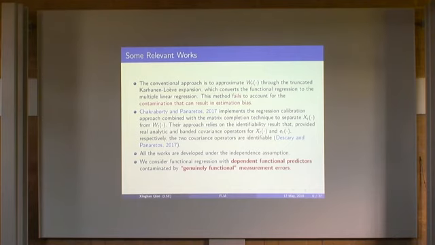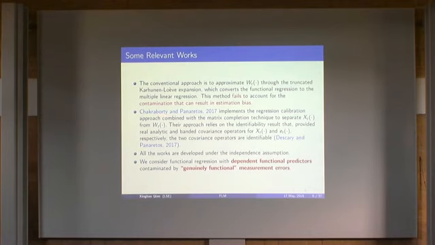The most naive approach, because W is infinite dimensional, is to do a Karhunen-Loève expansion on W based on the spectral decomposition of the covariance operator of W. Then, by some finite truncation, we can transfer the functional regression problem into a multivariate regression problem. However, this approach fails to account for the contamination, which results in substantial estimation error because the covariance of the error term will not be 0.